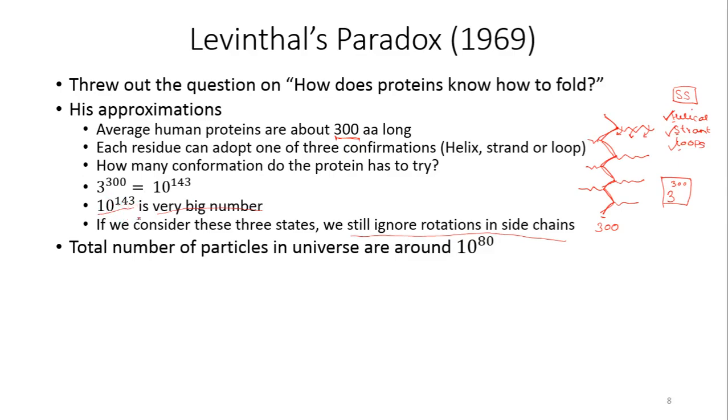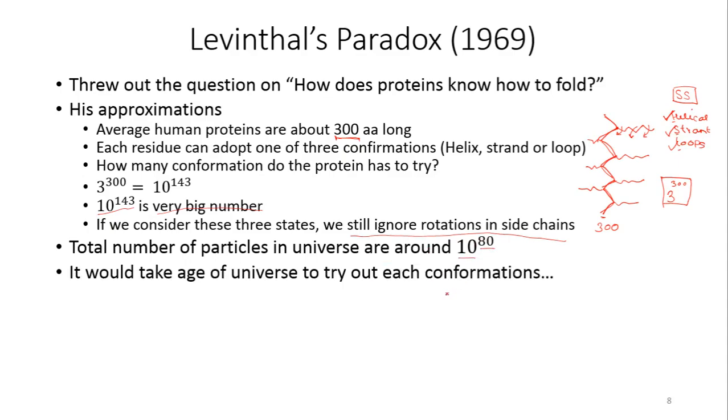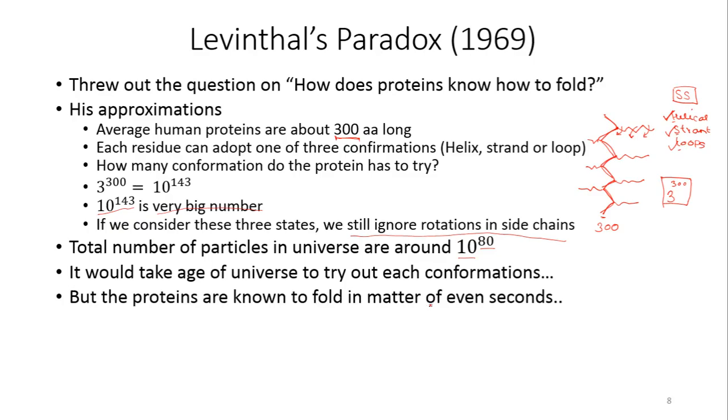But the problem is that the total number of particles estimated to be present in the universe is in the range of 10 raised to power 80. So if we go by the same mathematics, it would take the age of the universe to try out each conformation. But what we know is that proteins fold in a matter of seconds.